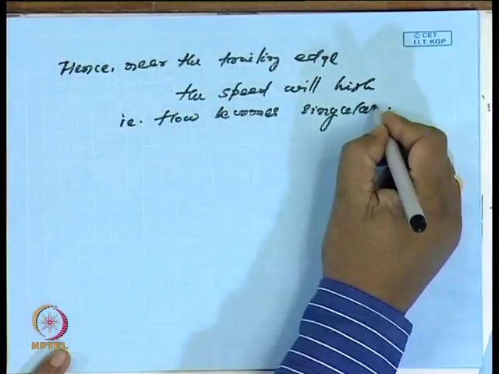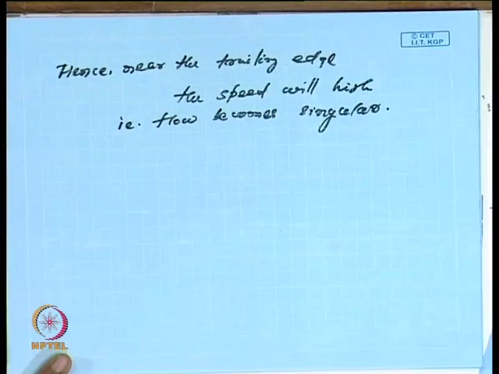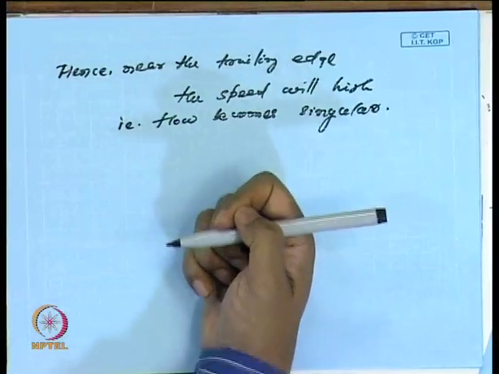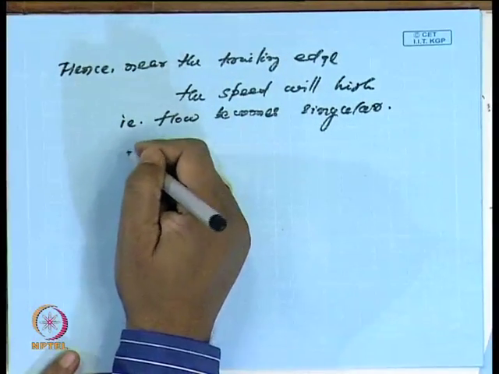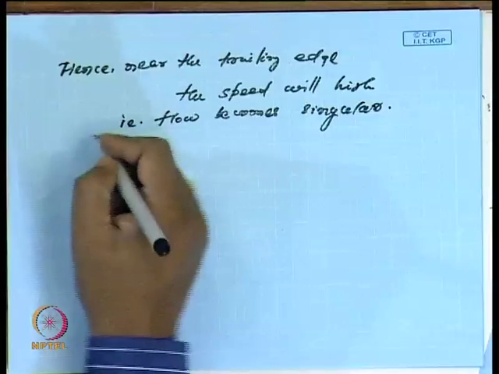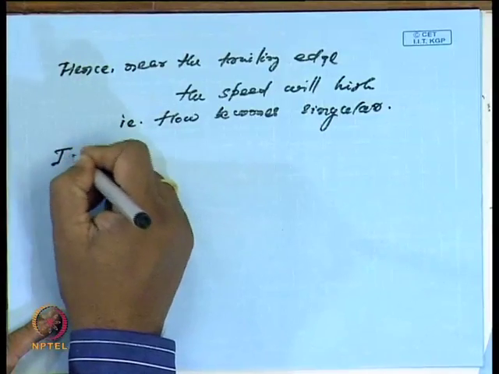So, but in reality, if this is at the trailing edge, we should have a regular flow. To avoid this, to make the flow regular, what Joukowsky proposed comes as the Joukowsky hypothesis.